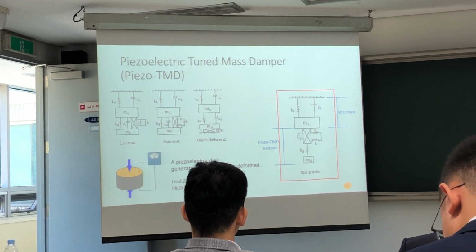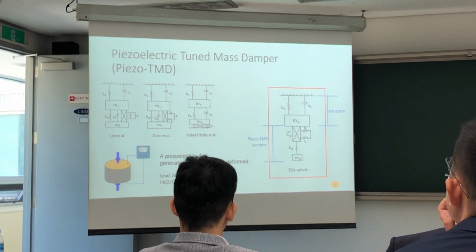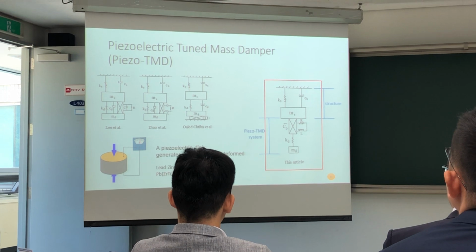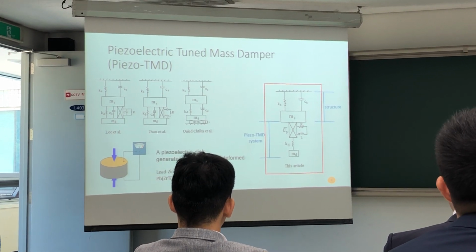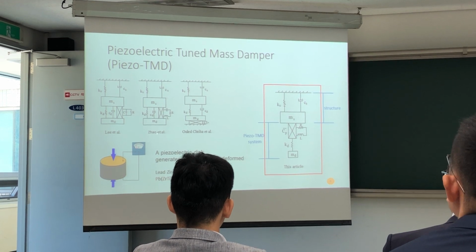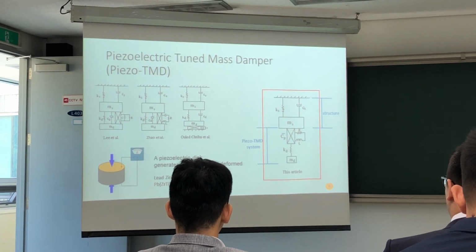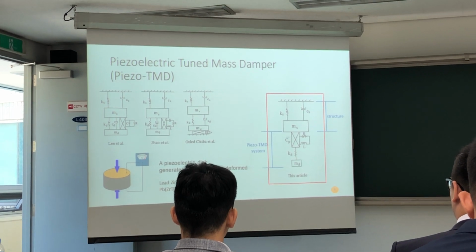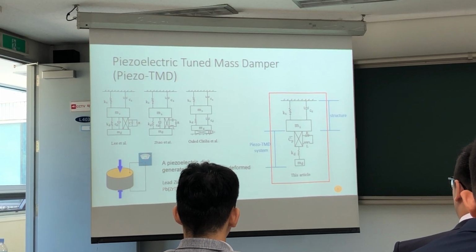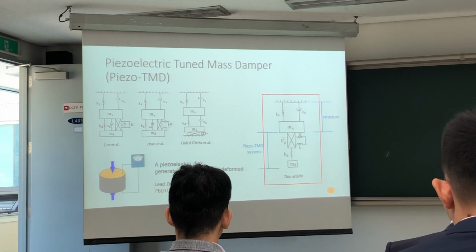And there is an interesting question. Besides reducing the vibration, is there any possibility that we can convert the vibrational energy into electricity? So a new type of tuned mass damper is proposed, the piezo TMD. The concept is to add piezoelectric material into our conventional tuned mass damper.